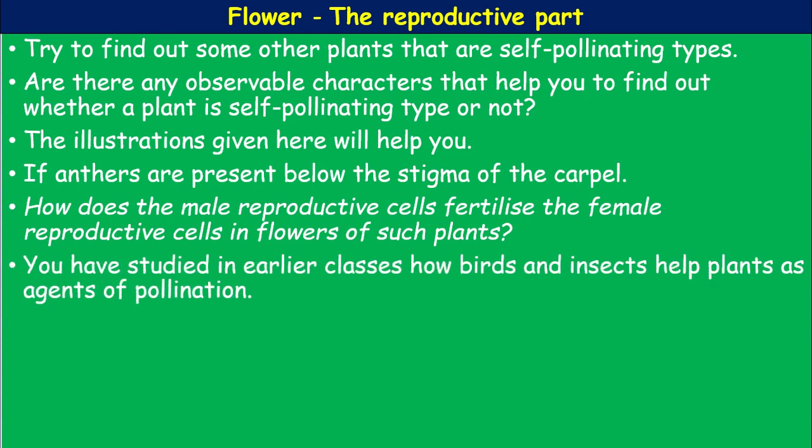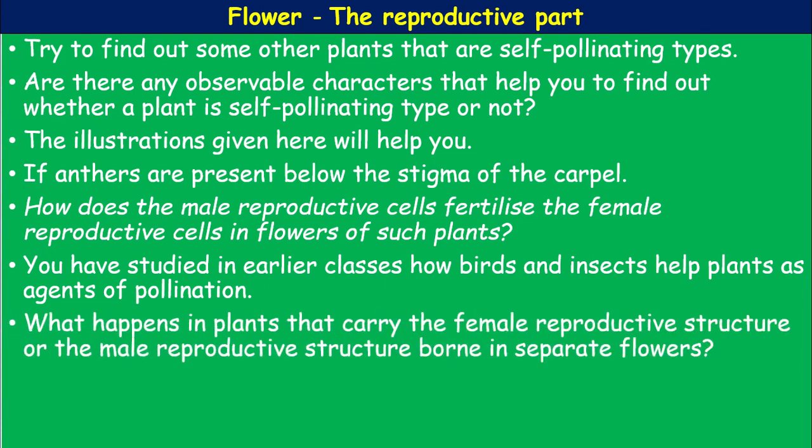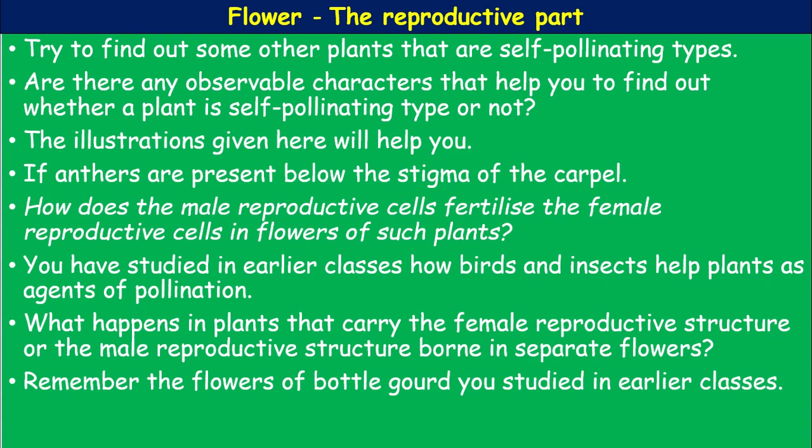Okay. So you have studied in earlier classes how birds help the plant as agents. What happens in the case of the female or the male reproductive structure in separate flowers? Okay, cross pollination takes place and then the fertilization. Remember the flowers you studied in the earlier class.